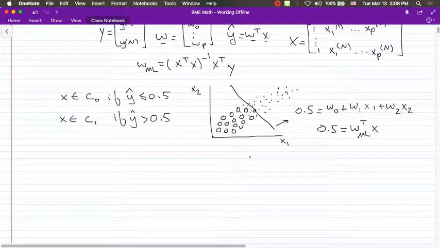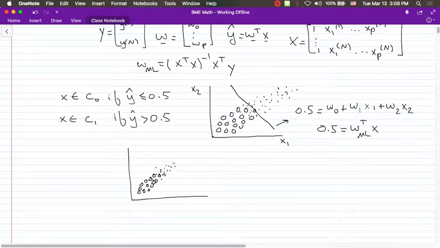So the problem with using regression is the following. Suppose that we had data that looked like this. So we have a few points that belong to one of these classes, and then a whole bunch of points that belong to this other class.